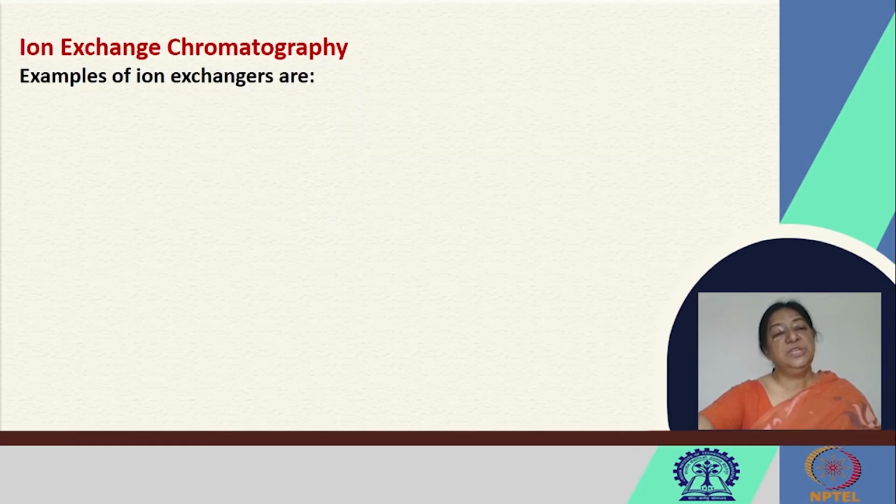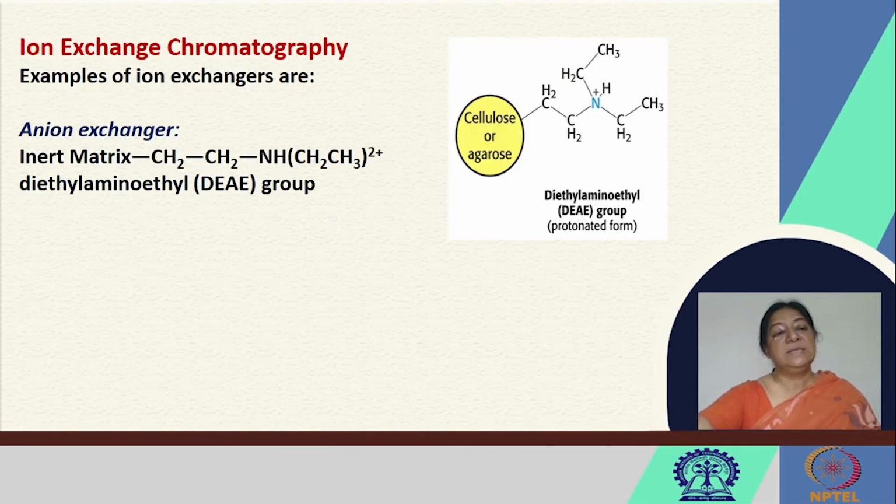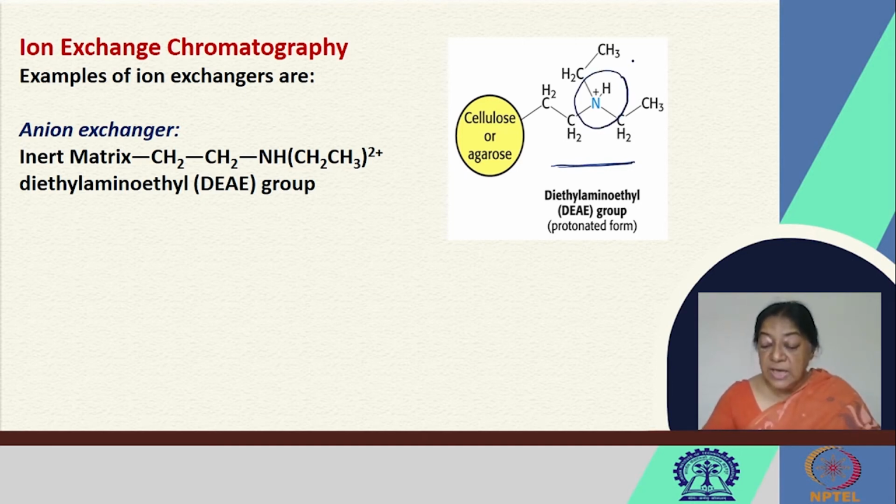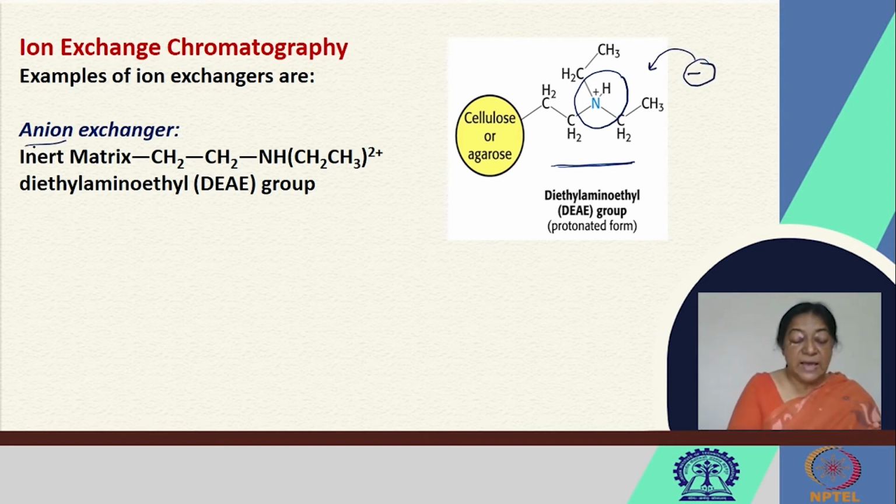In ion exchange chromatography, we look at anion exchange, where we have the protonated form of the gel matrix, this being positively charged. Any negatively charged protein would get attached to it. So this is an anion exchanger.